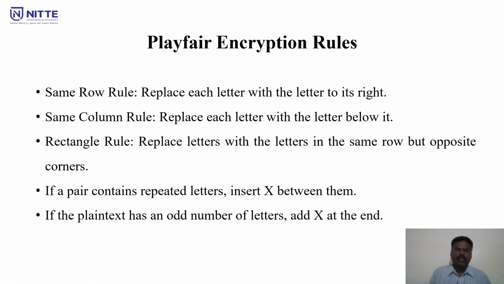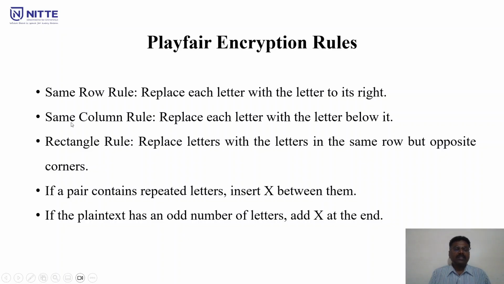There are certain rules we need to follow in the Playfair technique to get the cipher text from the given plain text. The very first rule: if both letters of the pair come in the same row, then we replace each letter with the letter to its right.